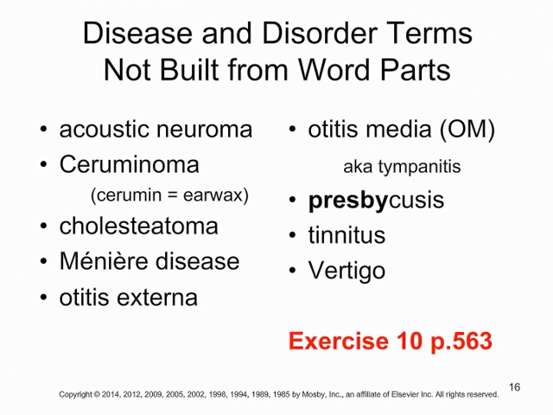The last term that I haven't talked about is presbycusis, and we saw the presby word part before when we were looking at the eye chapter. Presby is not an official word root, but it usually is associated with aging. So presbycusis is the fancy way of saying you are losing your hearing as you age, or your hearing ability diminishes as a result of aging.